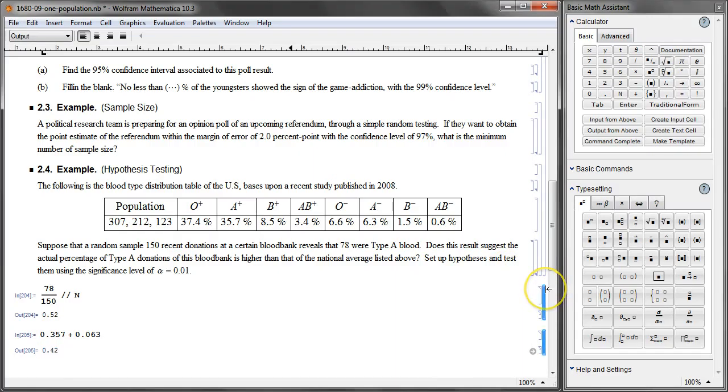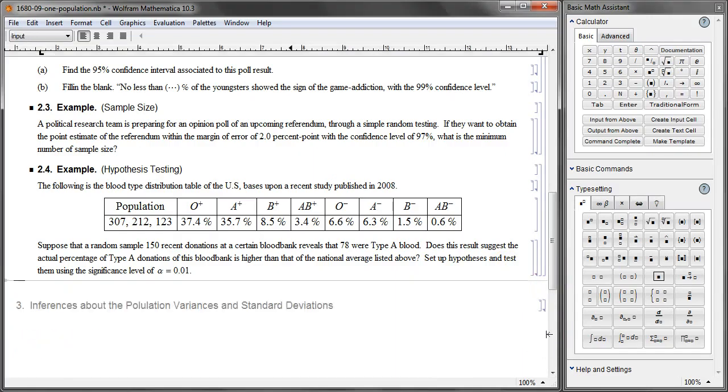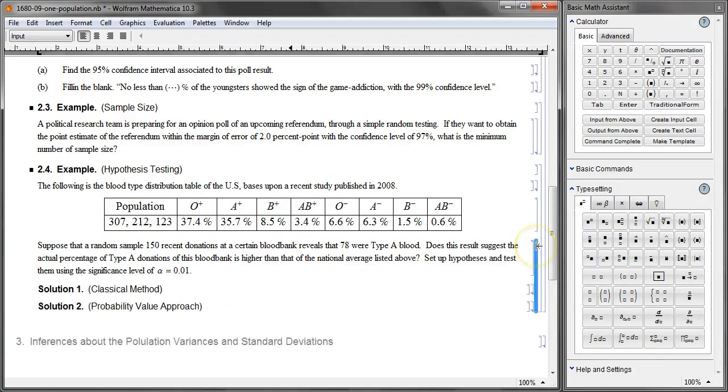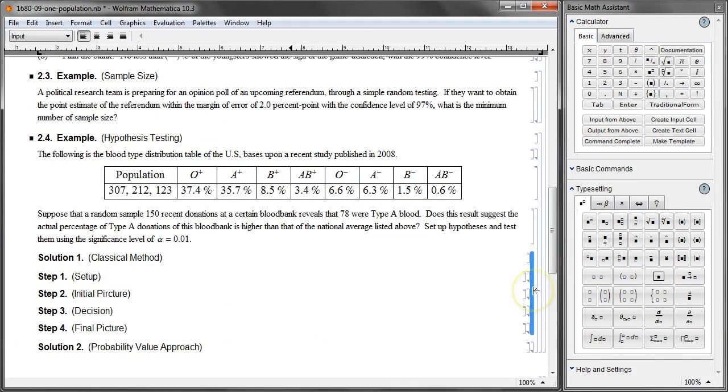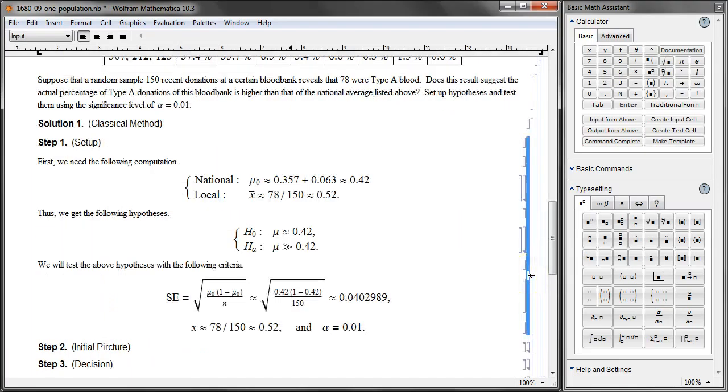We went through three criteria and all three agreed. 42% is the null and 52% is the observed proportion. Consequently, we end up with this hypothesis setup. Null hypothesis, about 42%. Alternative hypothesis, we observed 52%, so the alternative hypothesis will be greater than 42%, or significantly bigger than 42%.